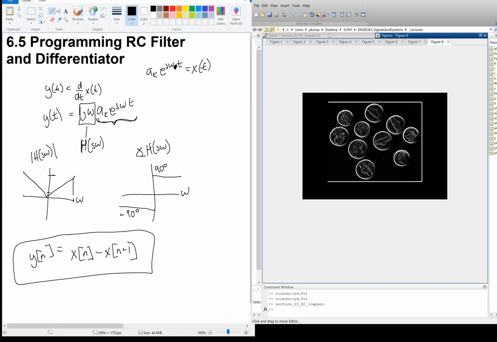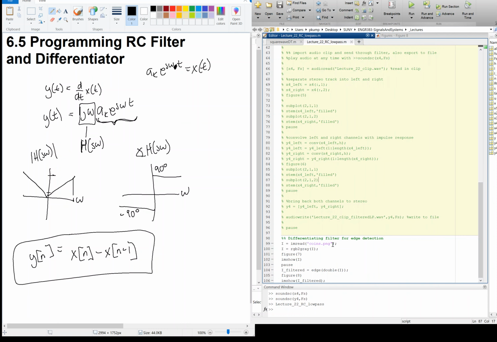So I'll just say a little bit about the code. We're using a built-in image in MATLAB, coins, and it converted it to a gray image and just showed you the image, and then I send it to this edge detector, and the edge detector is doing exactly what we did in the first part of this. It's solving a difference equation.